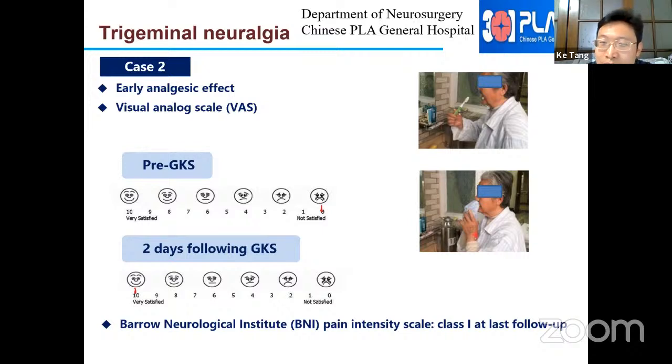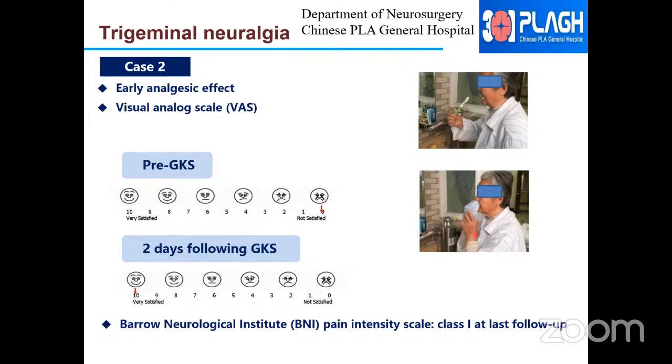Some patients pre-gamma knife cannot brush their teeth or wash their face, but 2 days following gamma knife, if we localize the targets precisely, she can wash her face and brush her teeth.